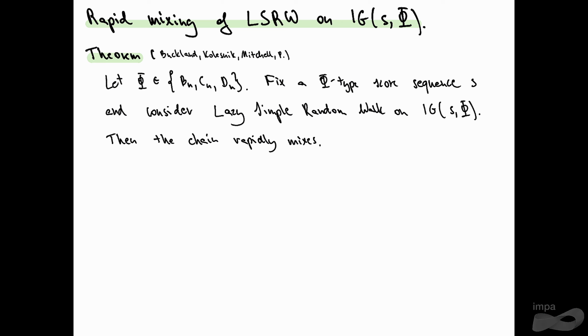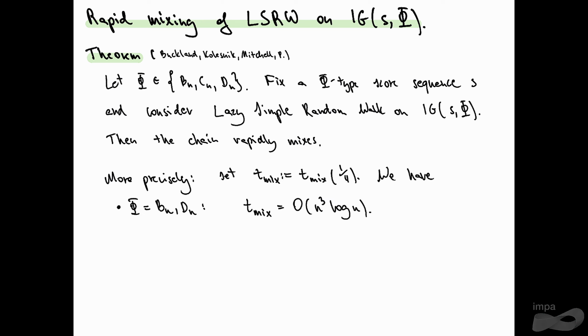So again, you're happy to run your Markov chain, and what we managed to prove, our holy grail, was that it does rapidly mix. In types B and D, the mixing time is just the same as in the classical tournaments.